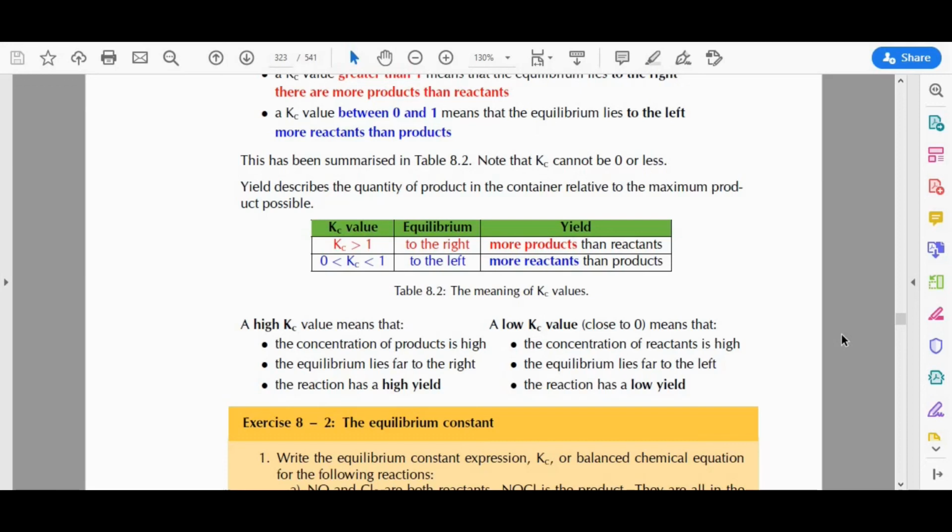But if we have a low Kc value, closer to 0, like 0.21, that means the concentration of our reactants is higher than our products, so equilibrium will lie with our reactants, in other words, to the left of the reaction, and the reaction will have a low yield.